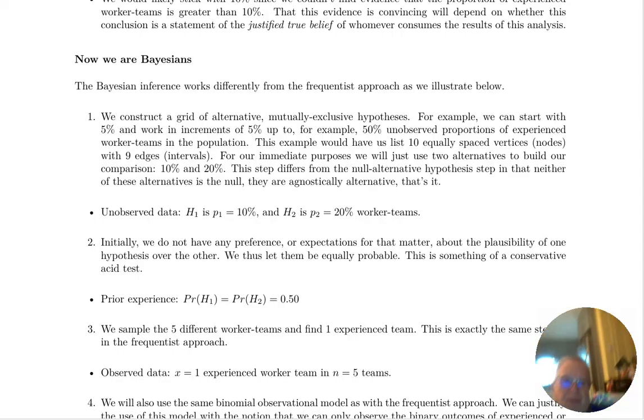They're mutually exclusive. But they may share information between the two of them. I don't know. We'll have to see. Initially, we don't care one way or the other about them, so we'll give them an equal probability. The probability of one is the same as the probability of the other. It'll be 50-50.